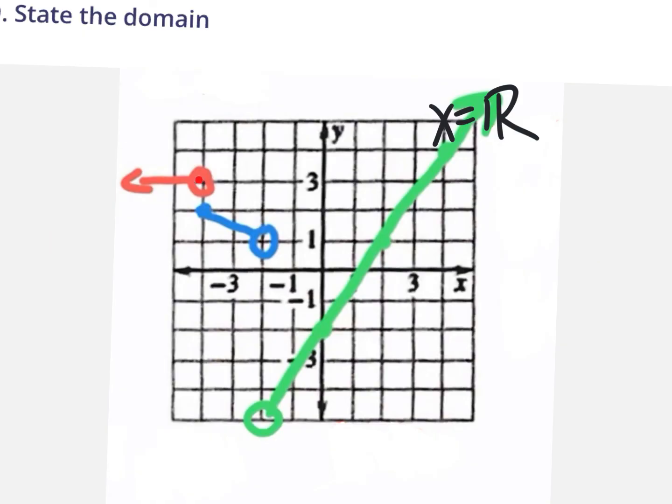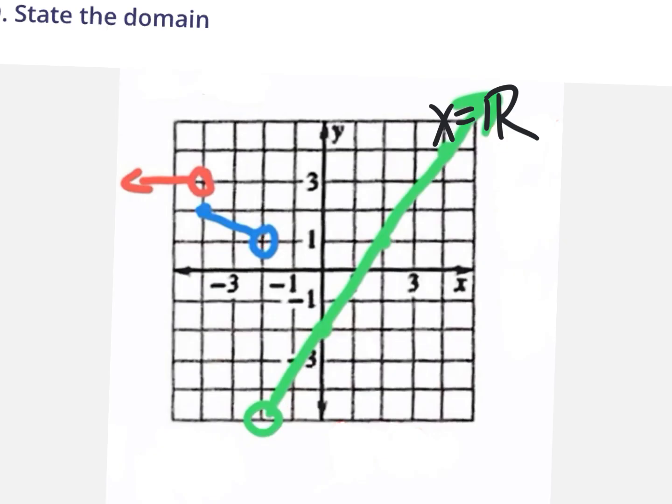However, open dot, solid dot, that's cool. Open dot, that means that there is no value. If you plug in -2 into your piecewise function, you won't be able to get an output. It's an undefined output. It's not at 1 and it's not at -5 because those are open dots, okay?